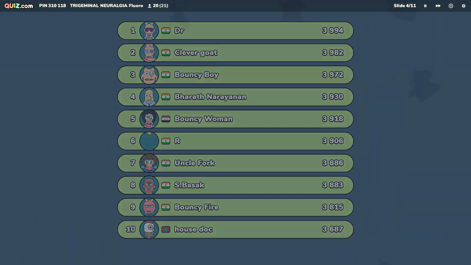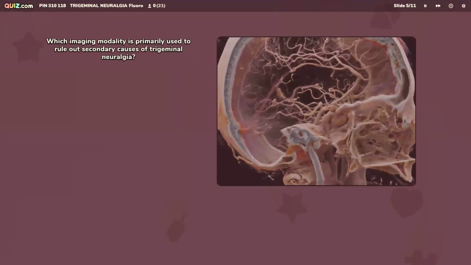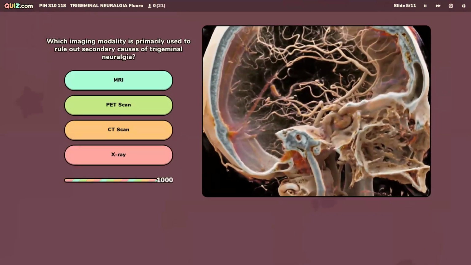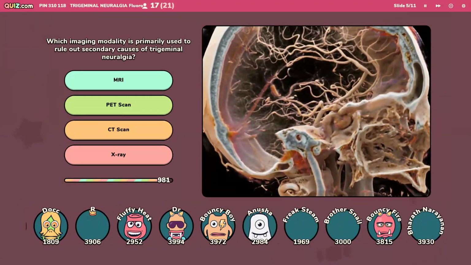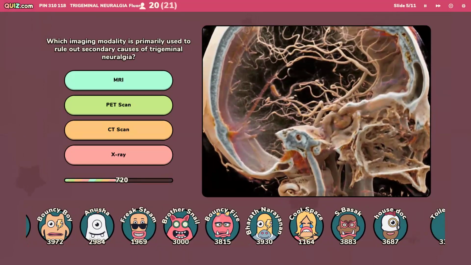Which imaging modality is primarily used to rule out secondary causes of trigeminal neuralgia? MRI.